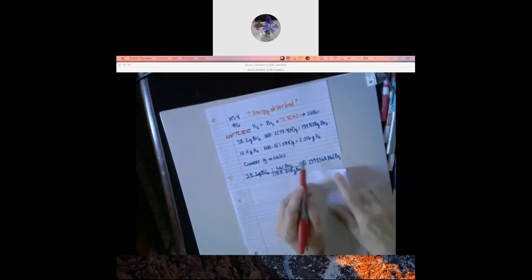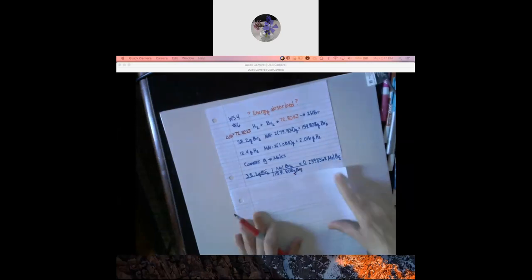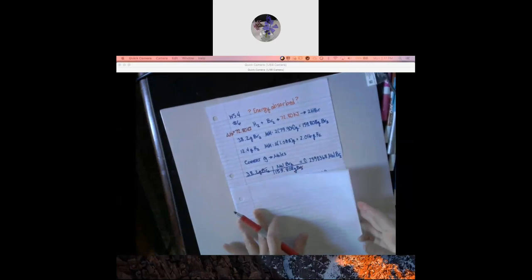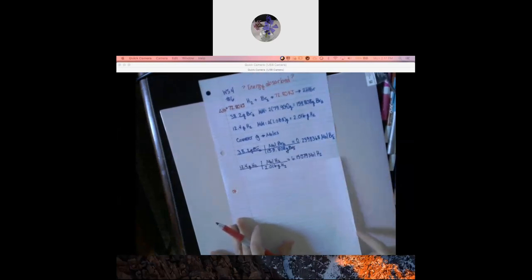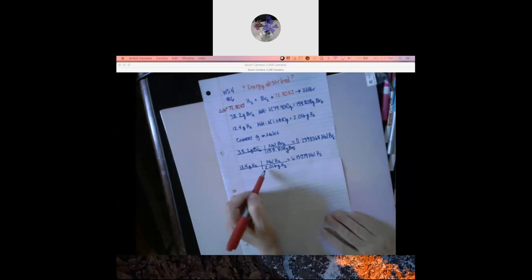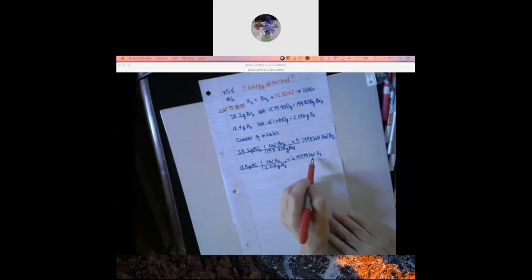Okay, and I have a whole lot of extra figures that I will get rid of in the final answer. All right, I do the same thing for hydrogen. I use the molar mass of hydrogen so that I can cancel out grams. And now my units are moles of hydrogen.